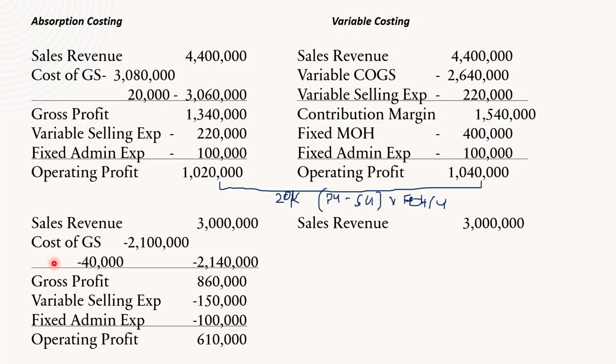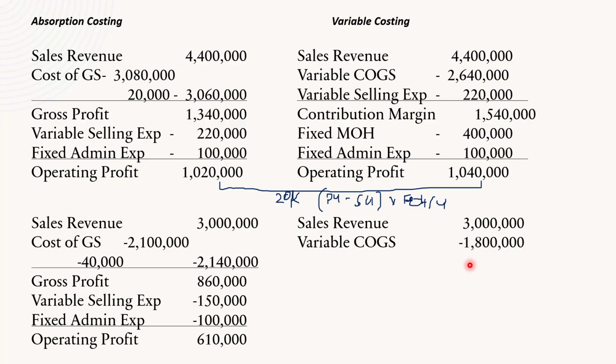Instead of deducting cost of goods sold to arrive at the gross profit, we would deduct all the variable expenses. Variable cost of goods sold, 120 lang yan, no? 120 times 15K is 1.8 million.